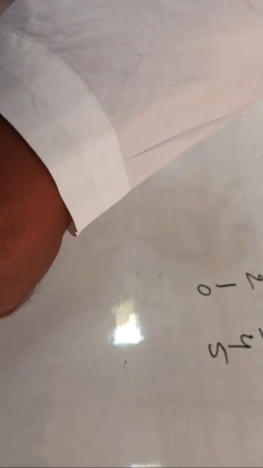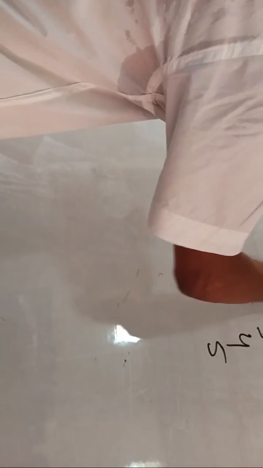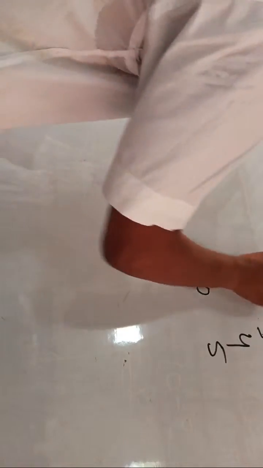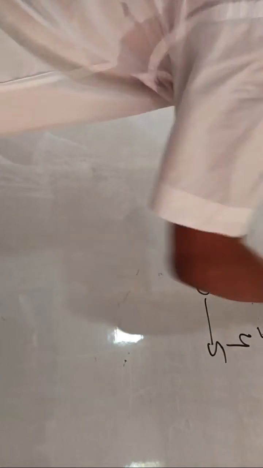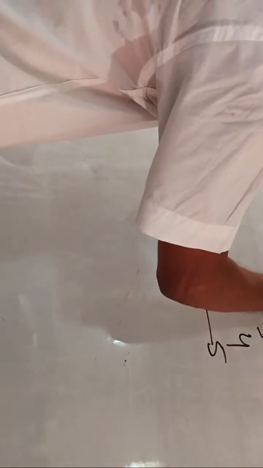Right? So, now we can draw a table like this. A table in which we have the value of x and y. If we take the value of x as 0, then the value of y is 5.